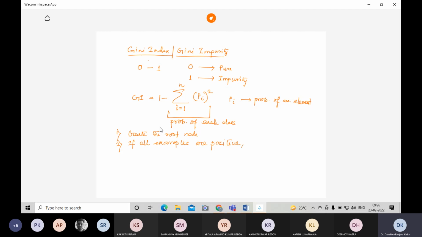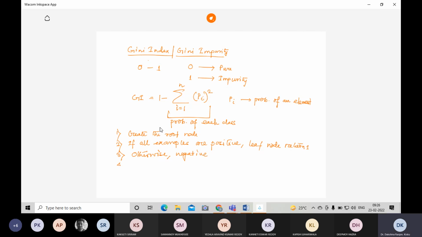If they are found positive, then the leaf node will return positive. Otherwise, if all examples are found to be negative, then the leaf node will return negative.